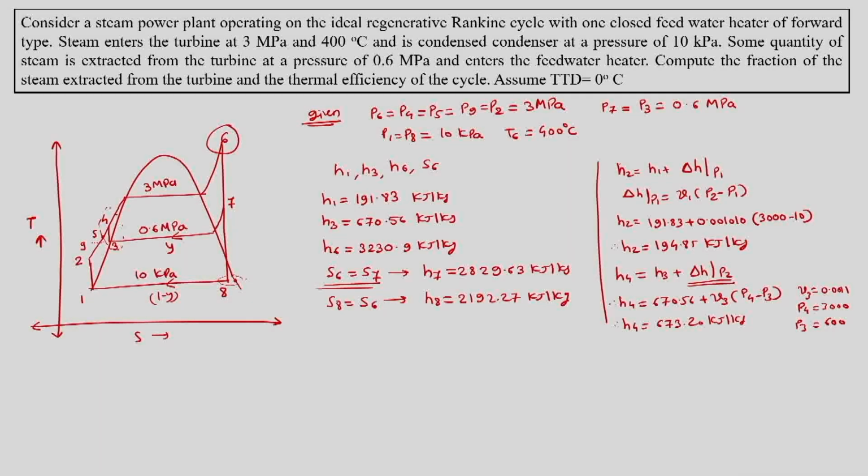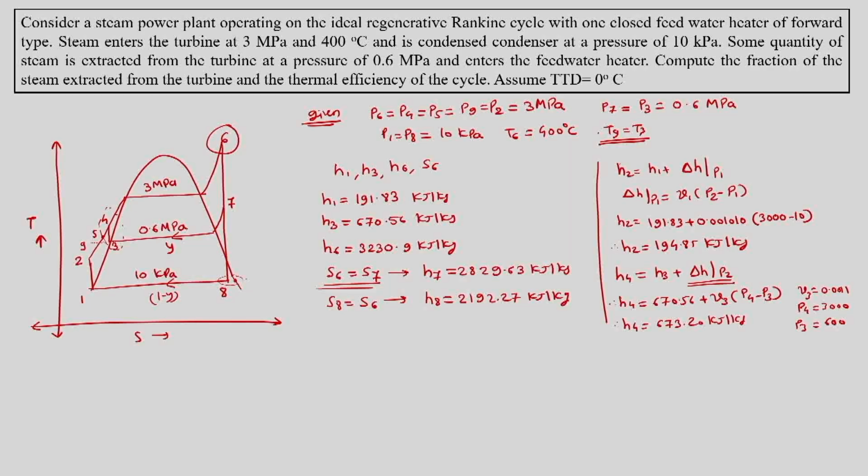Now, we have to find out H9. So, here TTD is given to be 0, that means temperature at 9 is equal to temperature at station 3. So, we could as well assume that H9 is equal to H3 if we would like to use the steam table, or we will go to the liquid water table, and in those tables we can find out the value of H9.